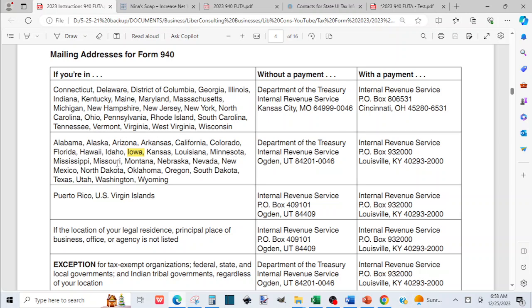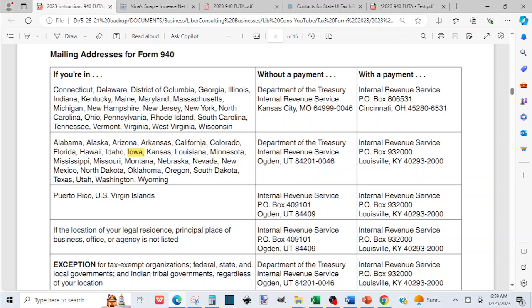In this example, Iowa is highlighted here, that's where our business is located. All the states in this box will use the Internal Revenue Service, PO Box 932000, Louisville, Kentucky 40293-2000 address to mail their 2023 Form 940 FUTA tax with payment to IRS.